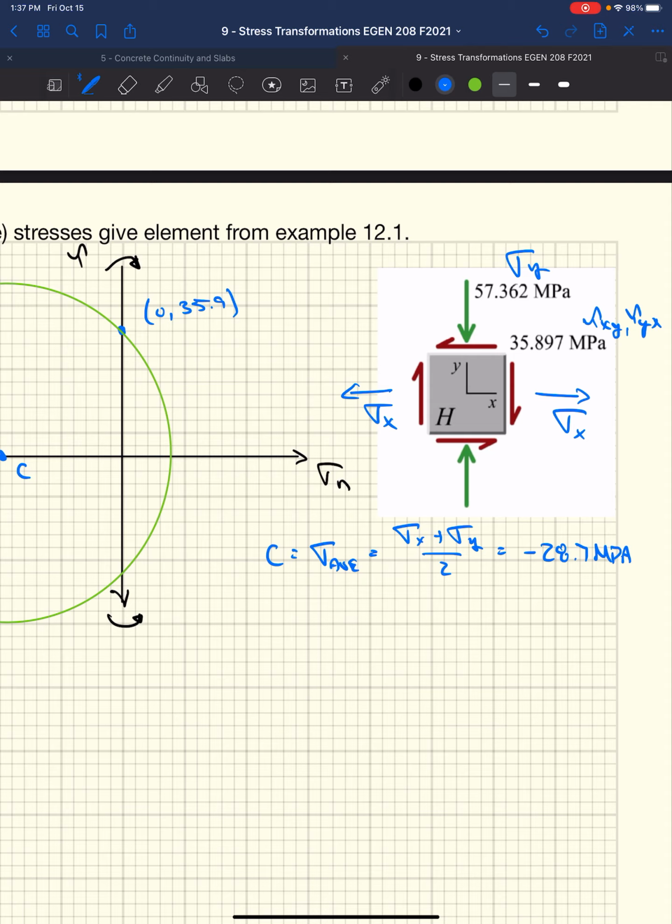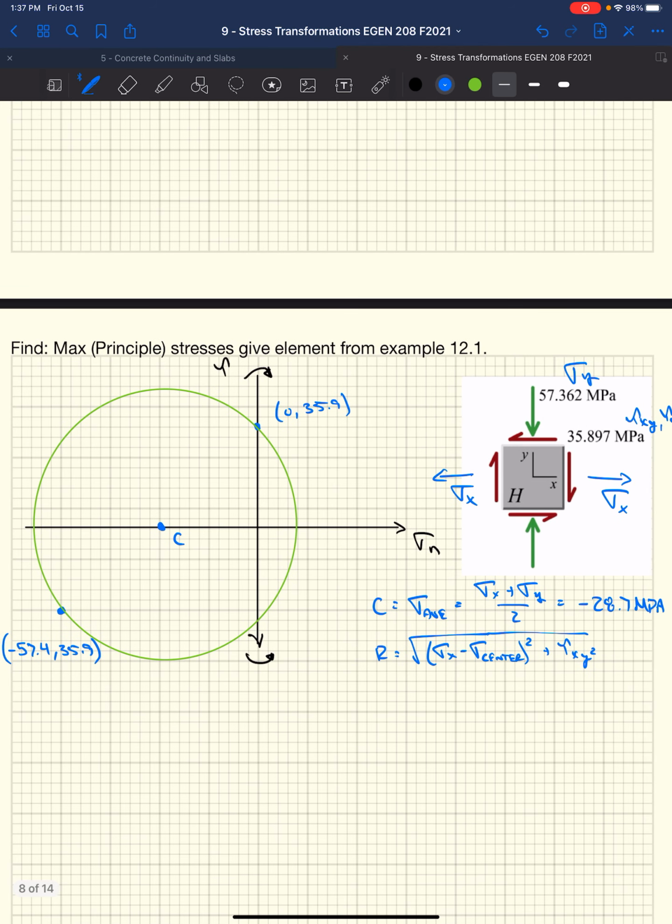Another one that's critical to know is our radius. In this case, I'm going to do sigma x minus sigma of the center, squared, plus tau xy squared. We're essentially just figuring out what the y and x components of our radius are.